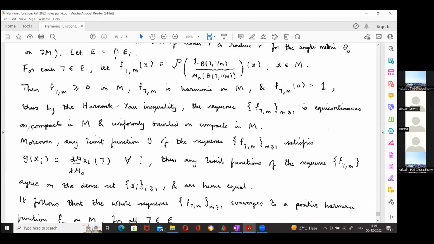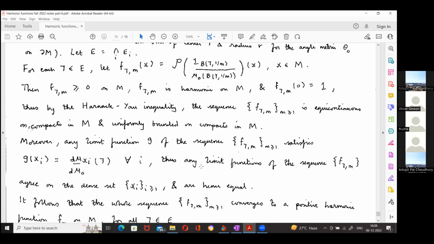Moreover, what can I say about any limit of the sequence? Well, any limit of the sequence as m tends to infinity, at the point xi, converges to d mu xi d mu naught of xi, by definition.